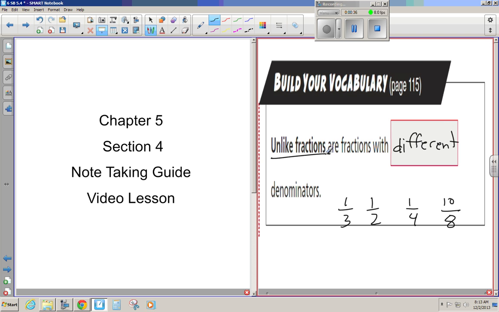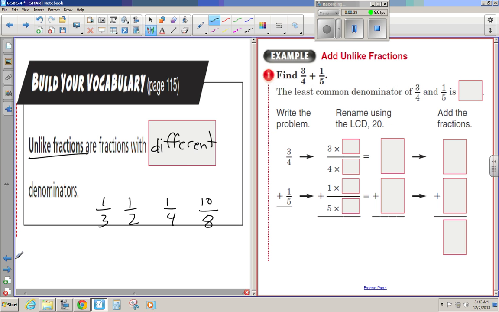They are unlike fractions. They can be made into like fractions, though, by looking for the least common denominator, or LCD.